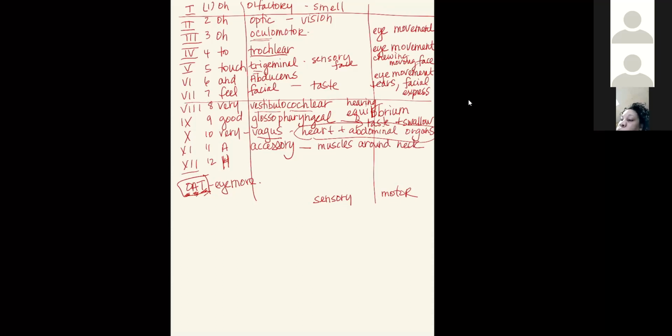And then the last one is hypoglossal. If you think hypo is below and gloss is tongue, it's going to innervate the muscles under your tongue, so it allows you to talk and swallow.